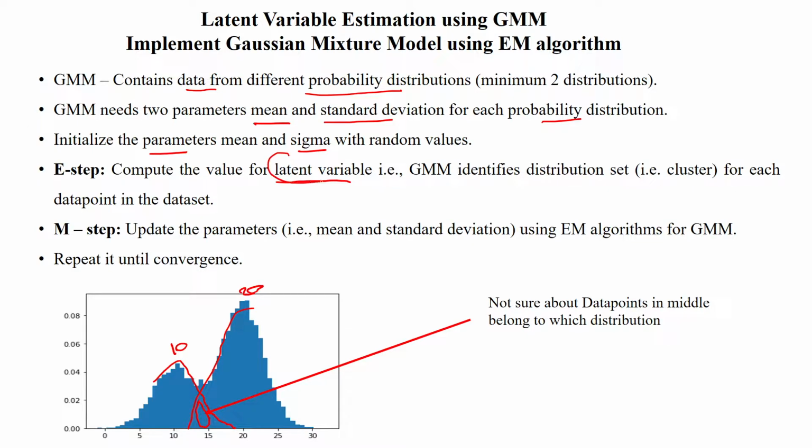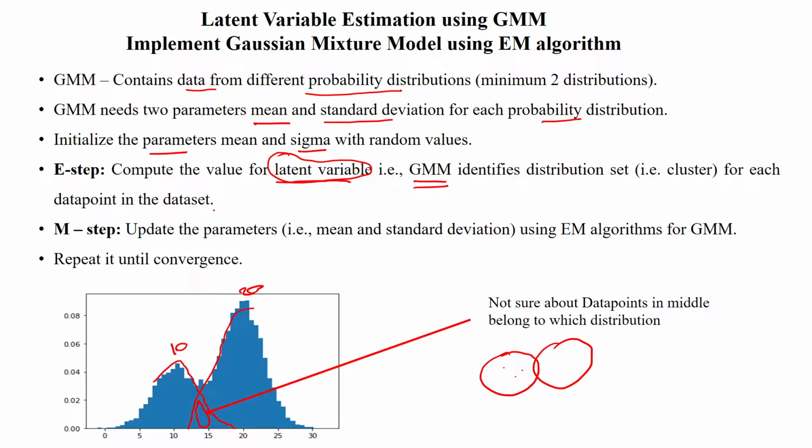That actual label is called the latent variable. The label should be identified by using the GMM model. So the GMM model will identify that each data point belongs to some specific cluster, and the specific clusters will be identified here.